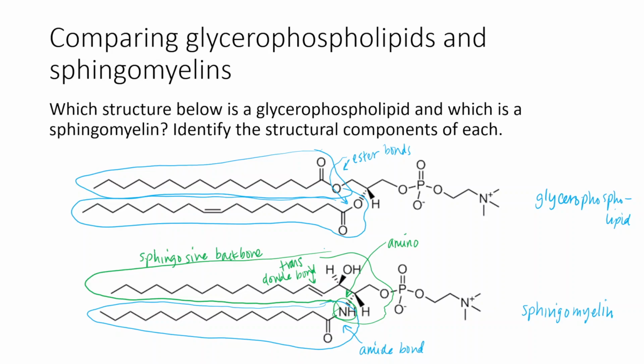And that's very different from the backbone of our glycerophospholipid, right? What's the backbone of our glycerophospholipid? Yeah, it's glycerol. So glycerol is these three carbons here, and each one of them has or had a hydroxyl group on it.